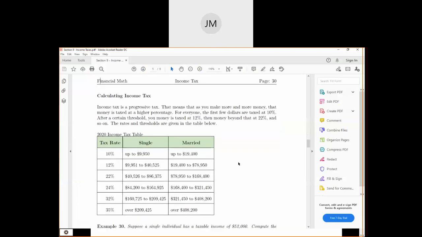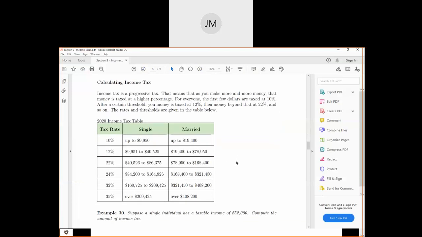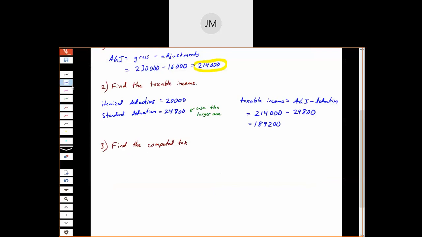And if I look at my tax table, 189,000 falls into this 24% tax range. So when I put my computed tax in here, we're going to have the 10% bracket full, the 12% bracket full, the 22% bracket full, and then a little bit of remainder in that 24% bracket.